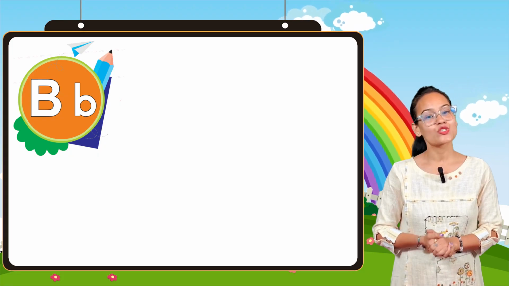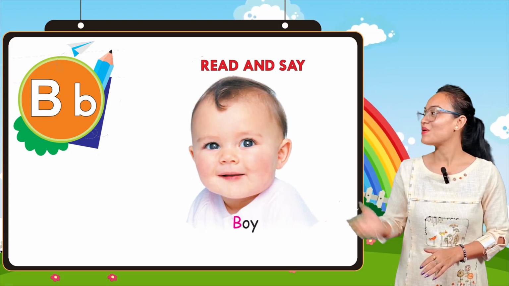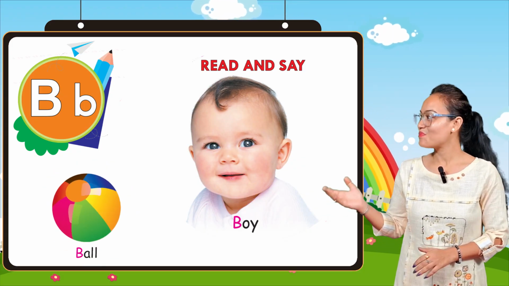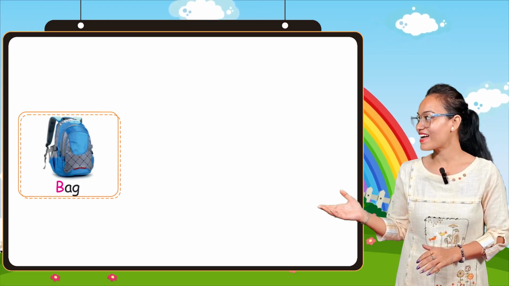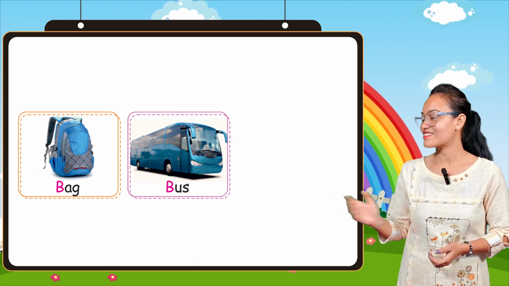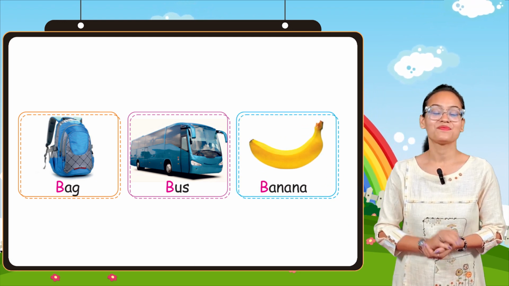Our next alphabet is B. Capital B, small b. Read and say: B for boy, B for ball, B for bag, B for bus, and B for banana.